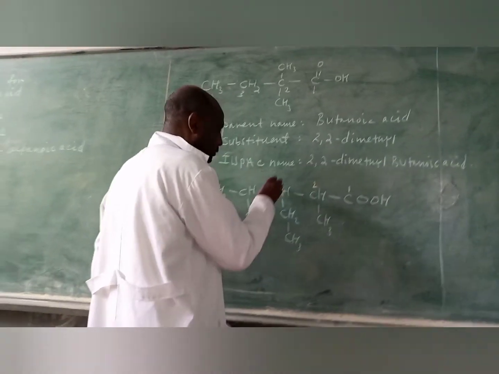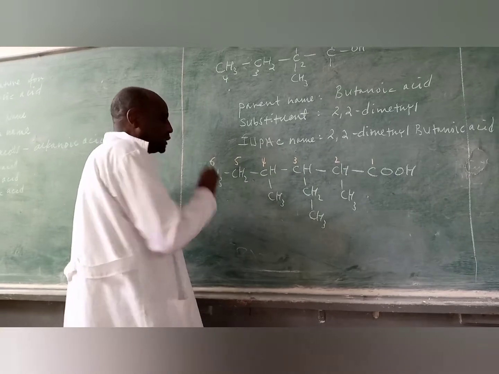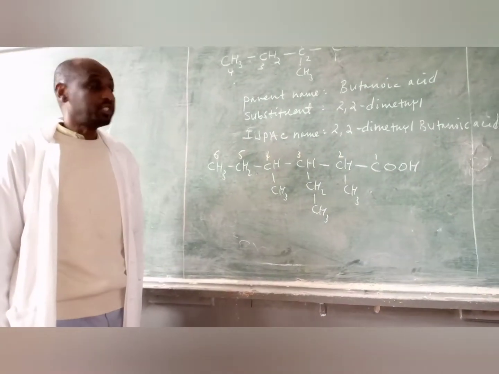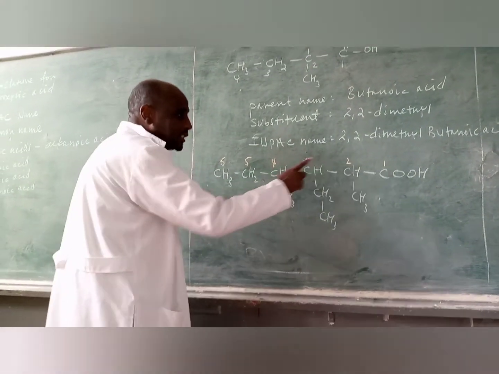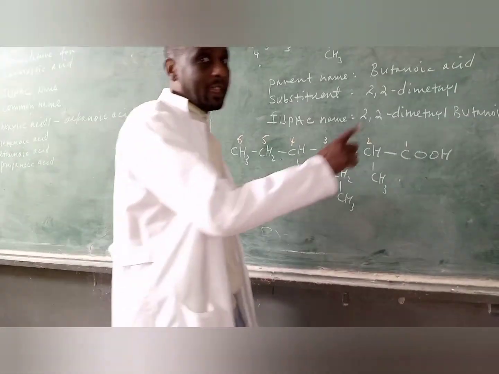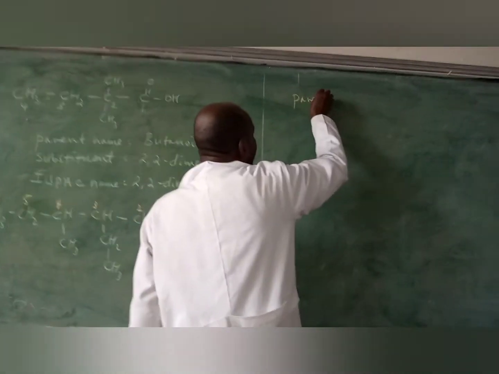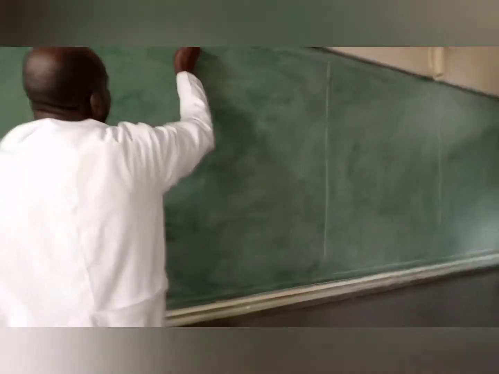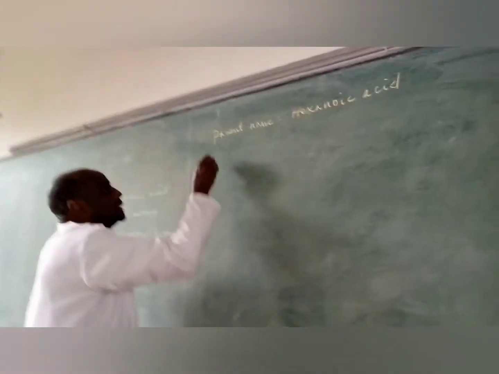Then remember it. 2, 3, 4, 5, 6. The longest carbon chain has 6 carbon, which is the parent structure. Therefore, from this parent structure, we derive the parent name. The parent name is hexanoic acid. This is the parent name.